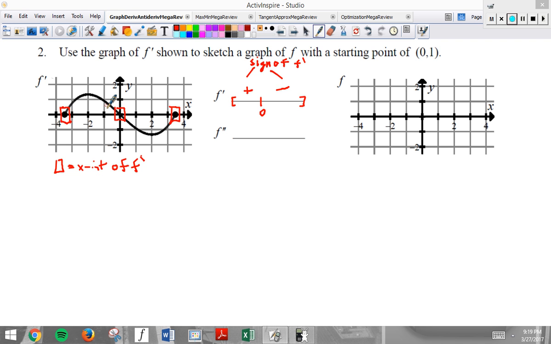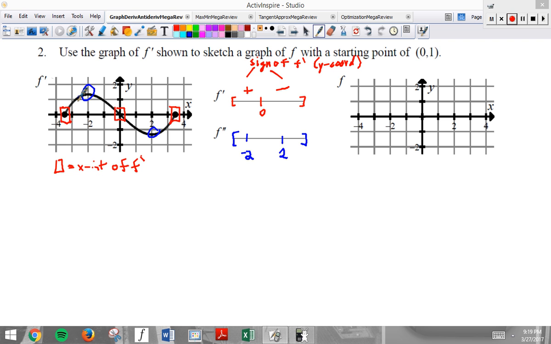Just like always. Y coordinate. And then my possible points of inflection in my blue circle would be negative 2 and positive 2. And I'm putting brackets because it can't go past there.